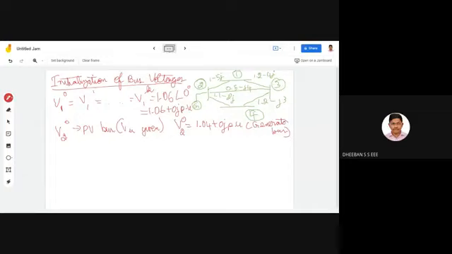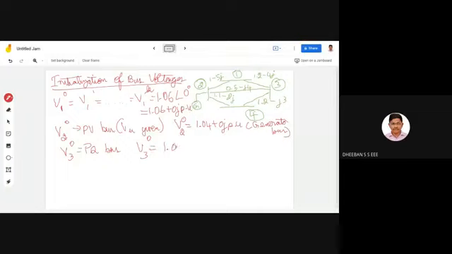Okay, so after this the other two buses are correspondingly load buses. So V3 not, it is a PQ bus. As per the algorithm you have seen for the PQ bus, you have to consider it to be 1.